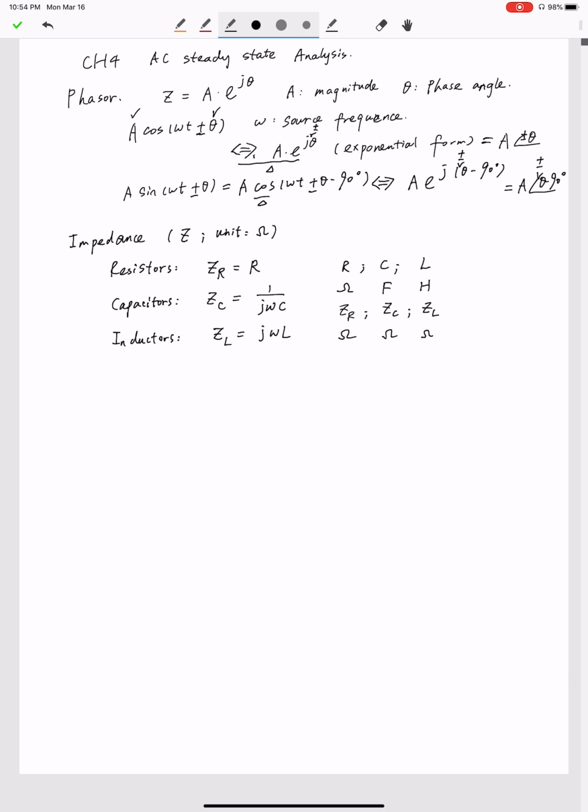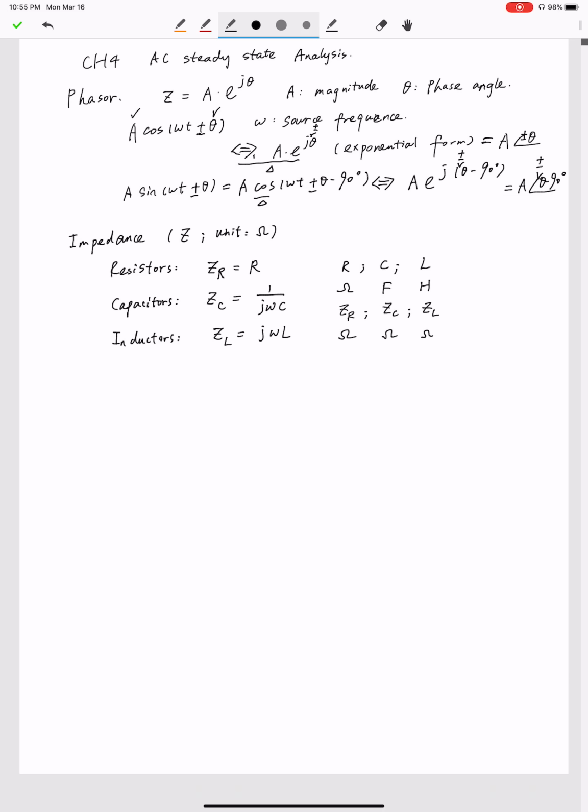So by using impedance, by converting the source, the cosine function represented source, to phasor and representing all components in impedance, we can convert an AC circuit to a DC one. And also, I remember earlier in this chapter, I gave a simple example to explain how to do that AC to DC transformation, right?